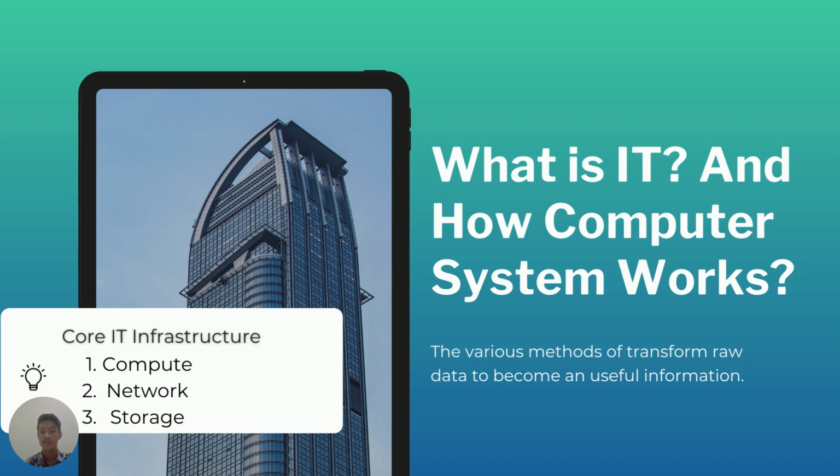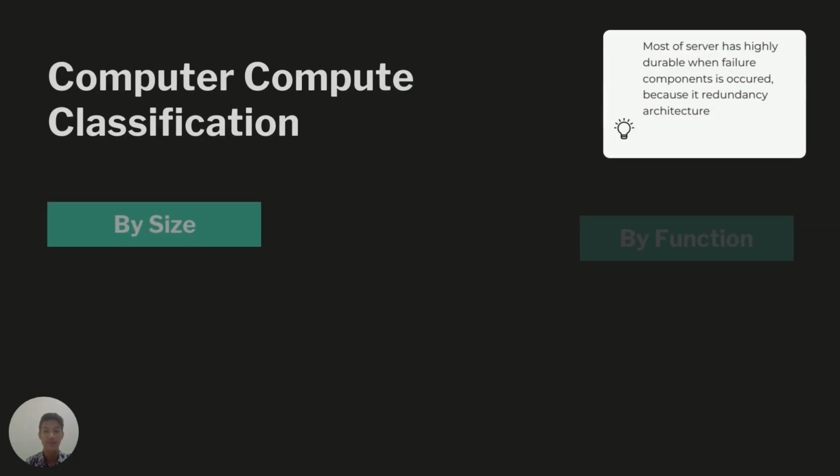The core IT infrastructure is divided into three important elements: the first one is compute, the second one is network, and the last one is storage.